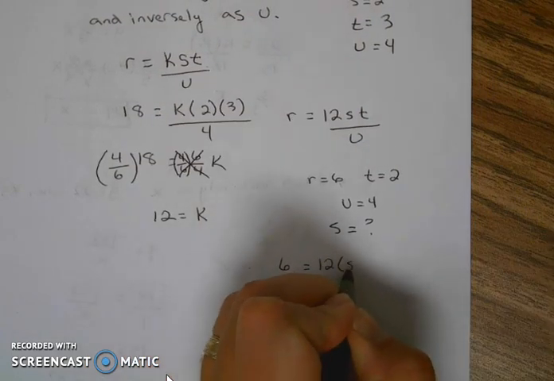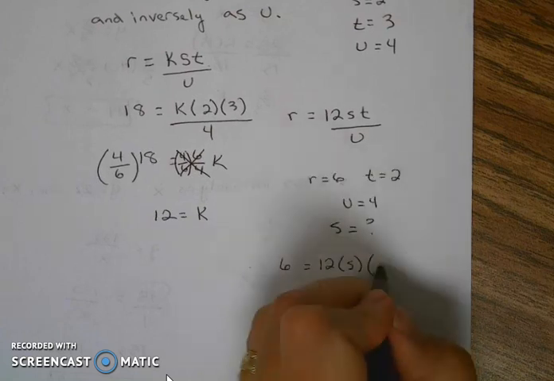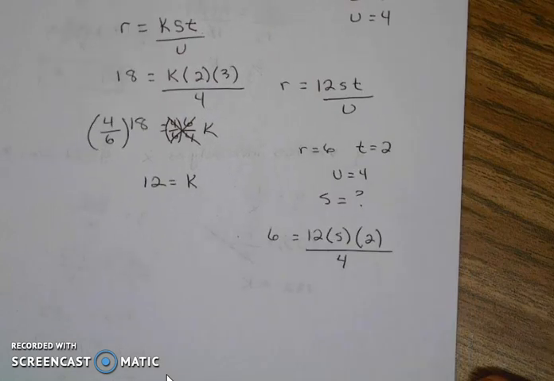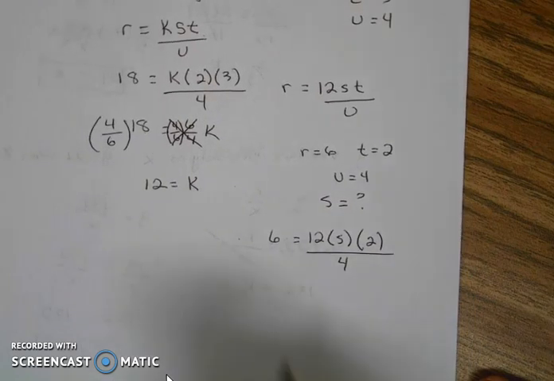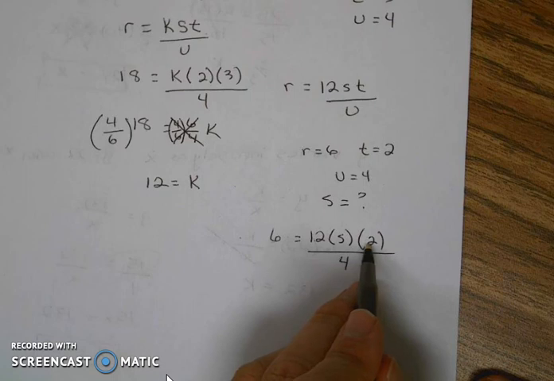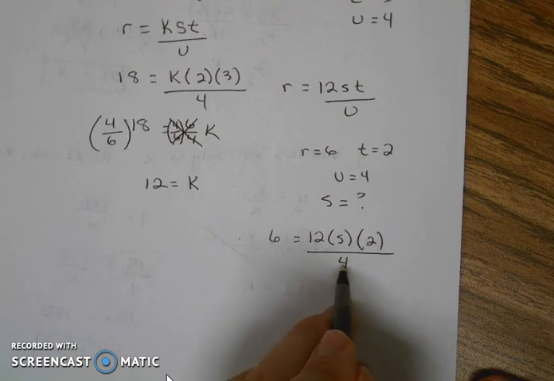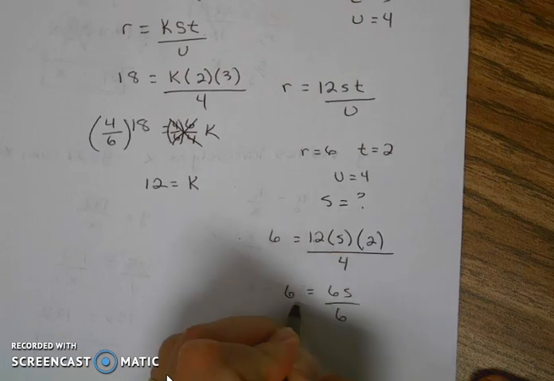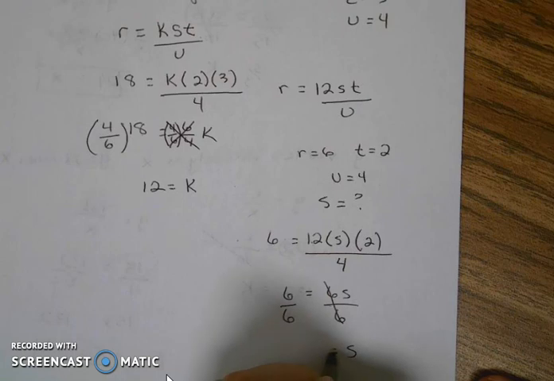We're looking for S. T is 2. U is 4. And we're solving this for S. So we have 12 times 2 is 24. 24 divided by 4 is 6. Divide both sides by 6. S equals 1.